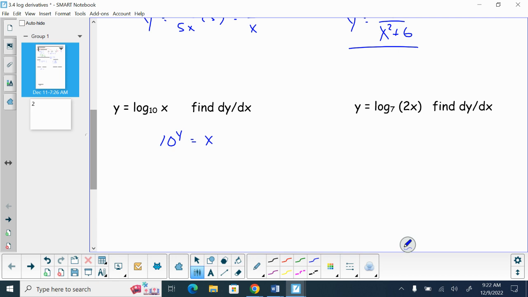And we want to find our derivative. Well, if we implicitly differentiate, we have a problem, because the derivative of e to the y is just e to the y. But the derivative of 10 to the y is just not 10 to the y, unfortunately. Drats.